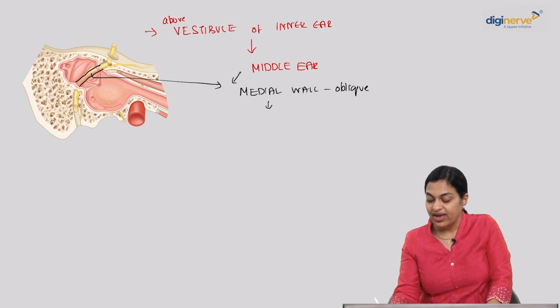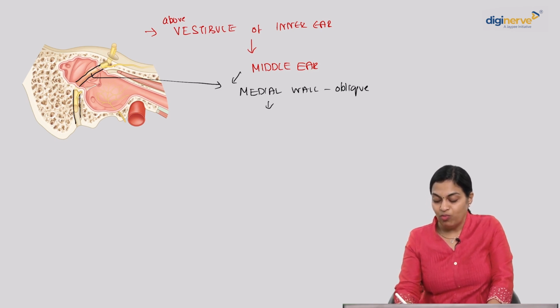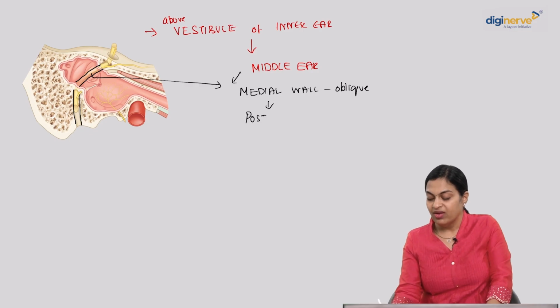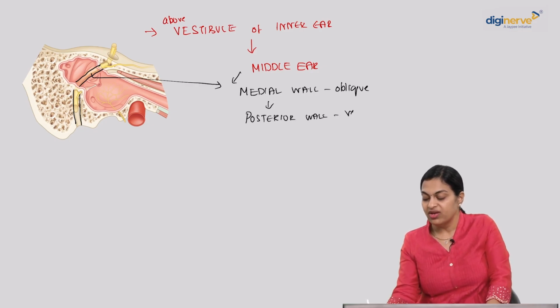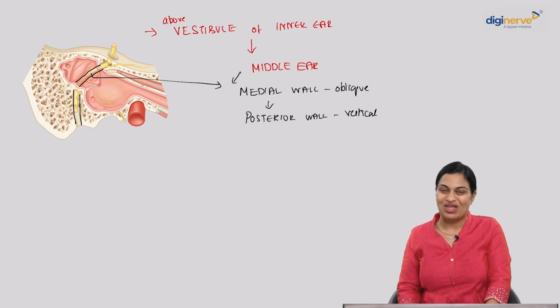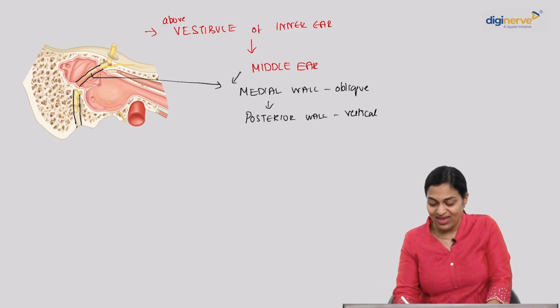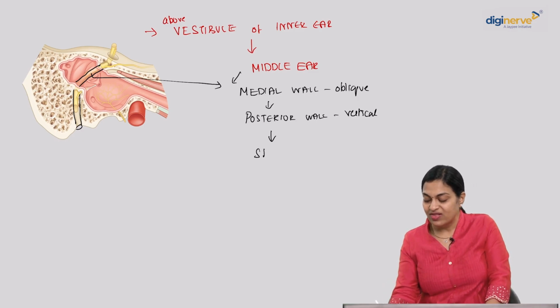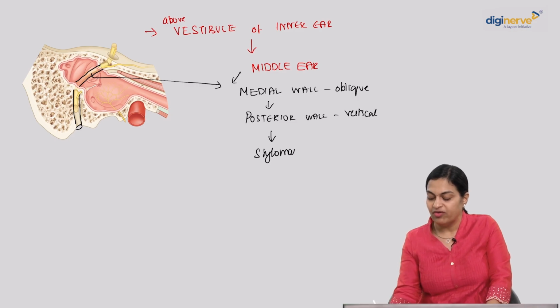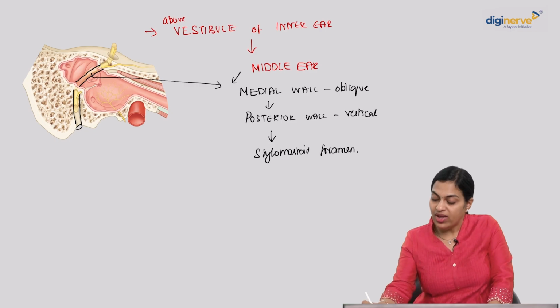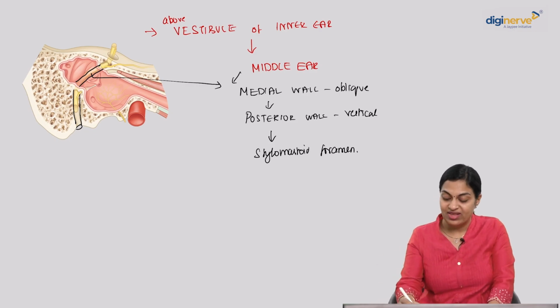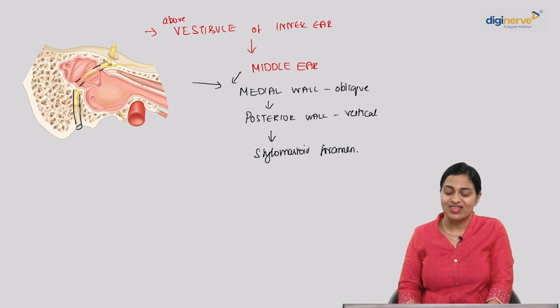After that, it enters the posterior wall, where it runs more vertically. Can you appreciate that? Vertical bony canal in the posterior wall. And then it's going to exit through the stylomastoid foramen.